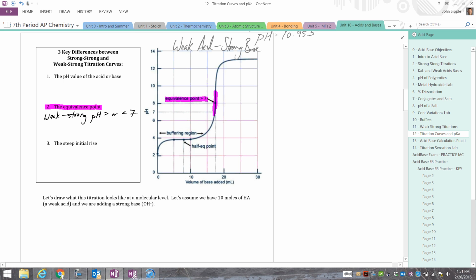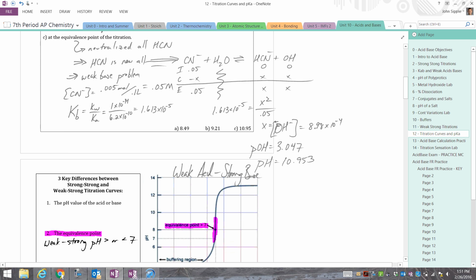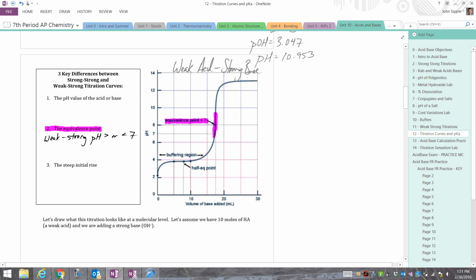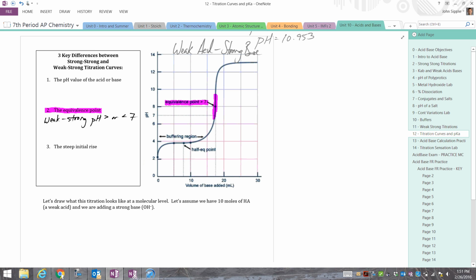Because remember, what's present at the equivalence point? It's the conjugate and water. That's the only thing present at the equivalence point, just like we looked at just above. The only thing left was the conjugate and water, so we had a basic situation there, and the opposite could be true. So for a weak, strong situation, the pH at the equivalence point is either going to be greater than or less than 7.